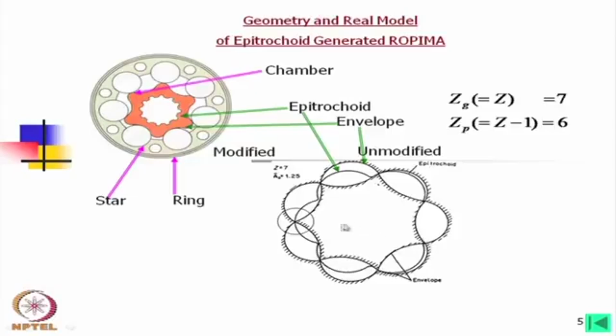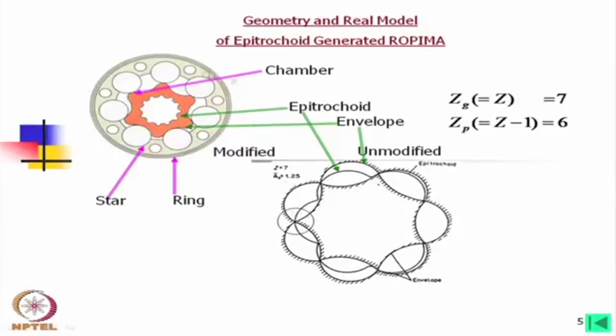Now, what is there? If these points are called nodes, at that point if we fix a circle, then what will happen? Fixing this circle and taking either the outer one or inner one, anything, let us consider only this circle.